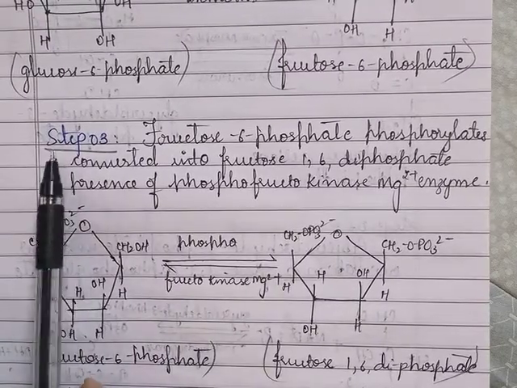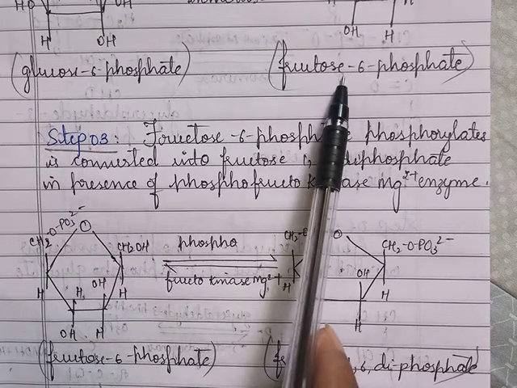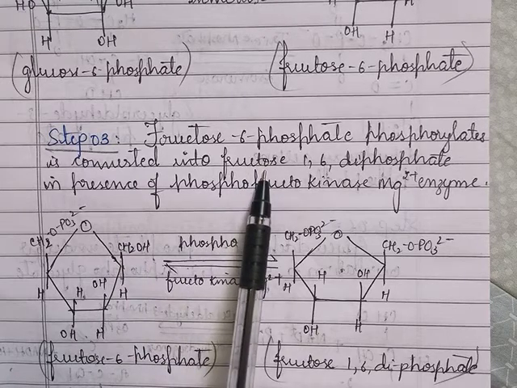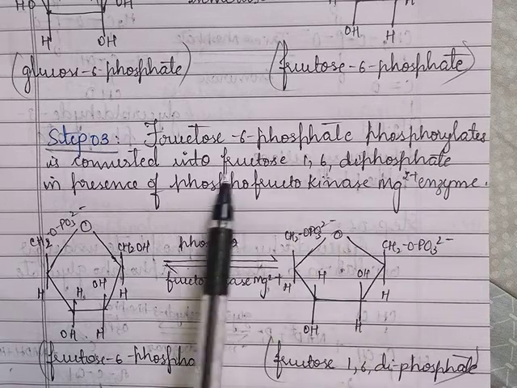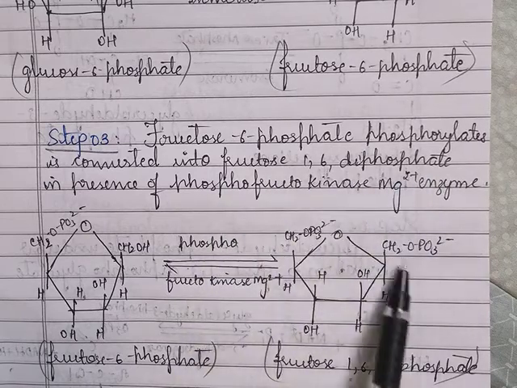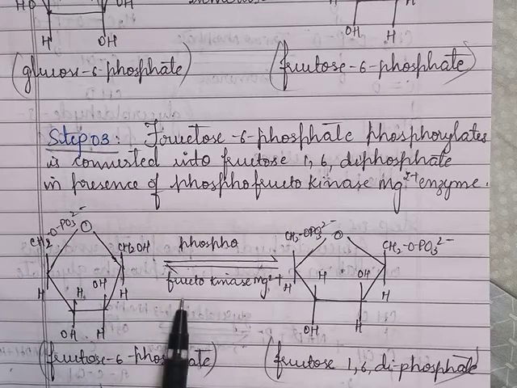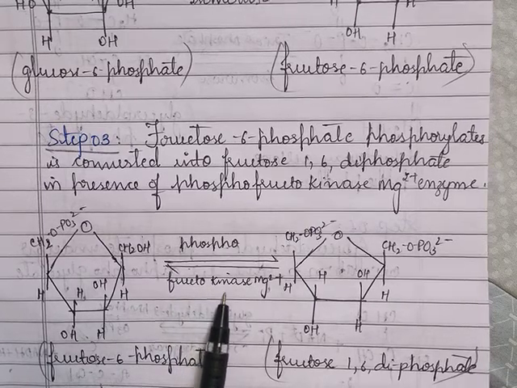In step 3, the fructose 6-phosphate formed in the second step is converted into fructose 1,6-diphosphate in the presence of the enzyme phosphofructokinase.